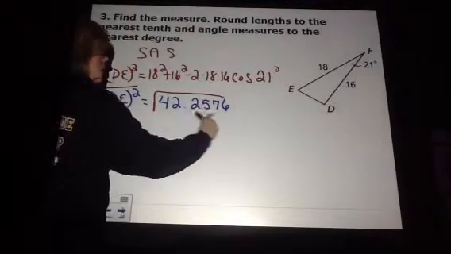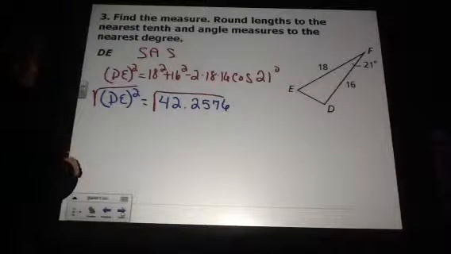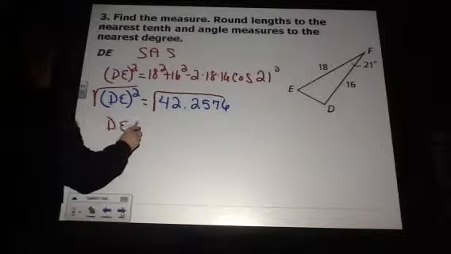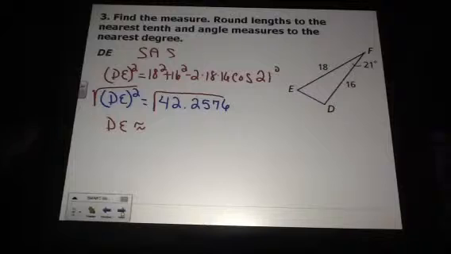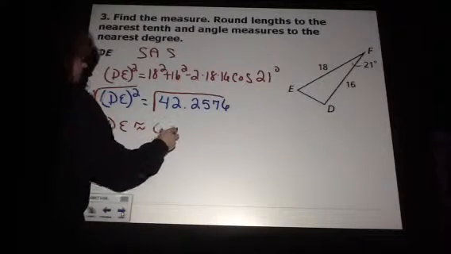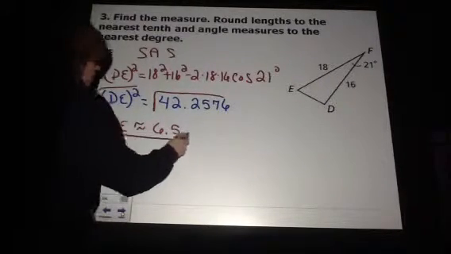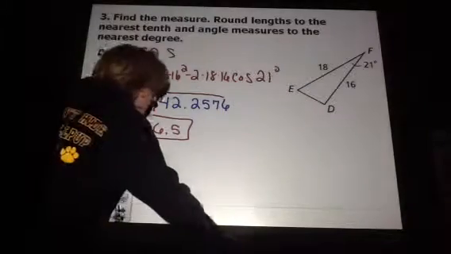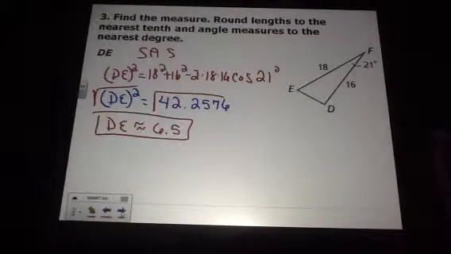Remember, you want to try and leave all that in your window. Don't delete that, and then take the square root of it, so you can be as precise as possible. You should get 6.5.